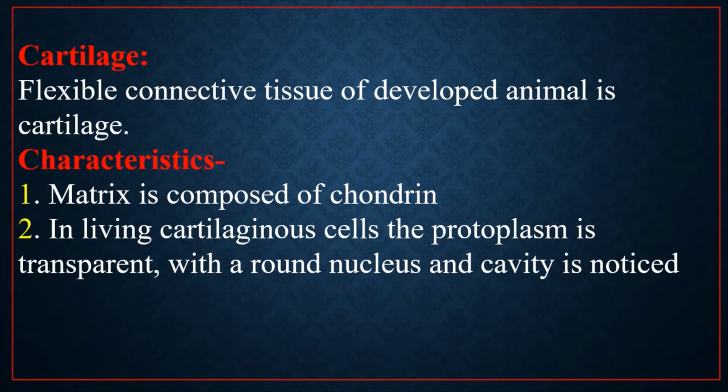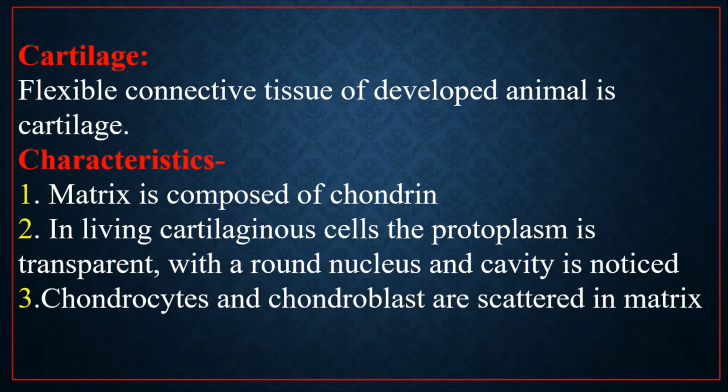In living cartilaginous cells the protoplasm is transparent with a round nucleus, and a cavity is noticed. Chondrocytes and chondroblasts, the cells of cartilage, are scattered in the matrix.